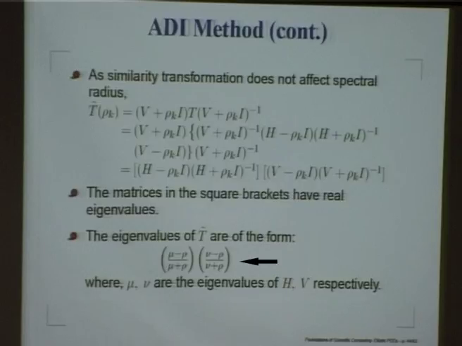Can you see the tremendous benefit that we have derived out of this particular operation? That whatever may be the spectral radius of H and V matrix, they could be quite not so well behaved. They could be very close to 1, so that it will struggle like what we have seen. Even then, each one of these factors is always going to be less than 1.